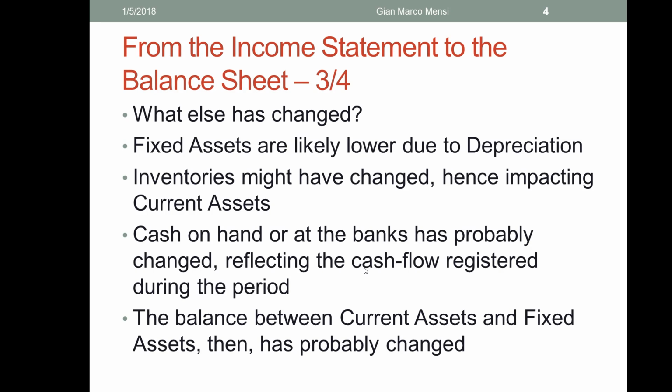And then certainly cash on hand will have changed: cash in our bank account and in our cashier, reflecting the cash flow that the company has generated during the period. The balance between current assets and fixed assets is likely to have changed.